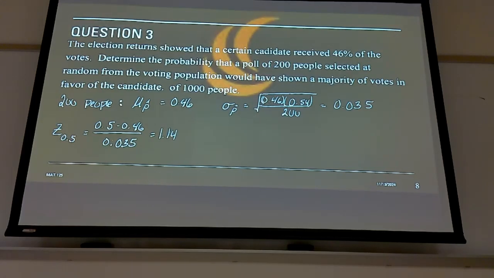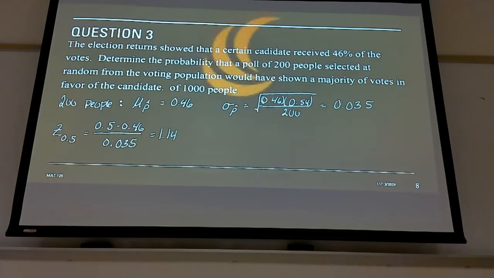Got 1.14. Value minus mean divided by standard deviation. Right, mean was 0.46, standard deviation was 0.035.